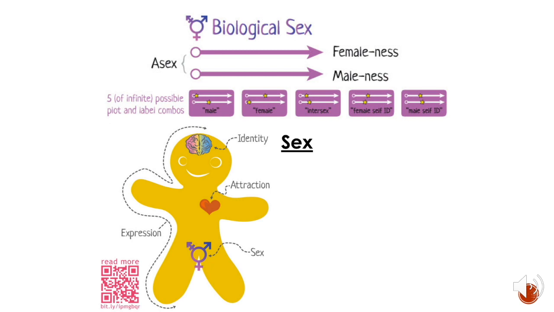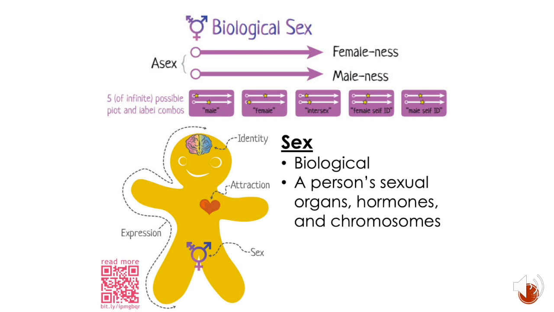However, there are times when somebody is either intersex or transsexual. So even something as simple as male and female is not quite as simple as we tend to think of it. But sex is biological, and it is always talking about a person's sexual organs, their hormones, their chromosomes.